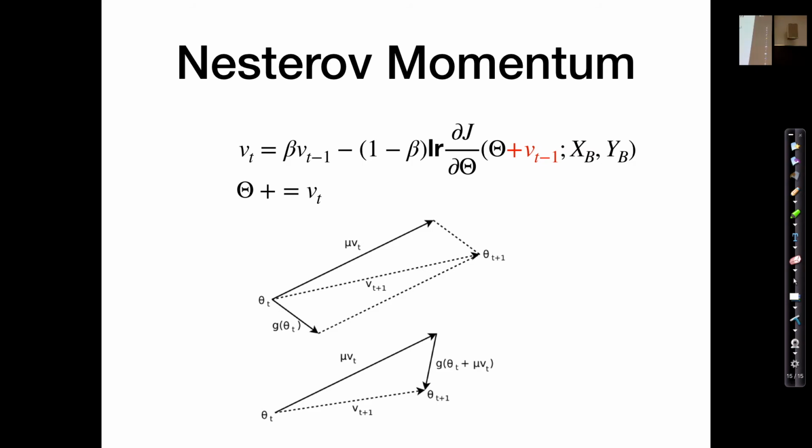And here we are conceptually basically applying our velocity and then calculating our g. What is the mu vt? The mu vt is their beta. The paper actually used different Greek symbols. Okay.